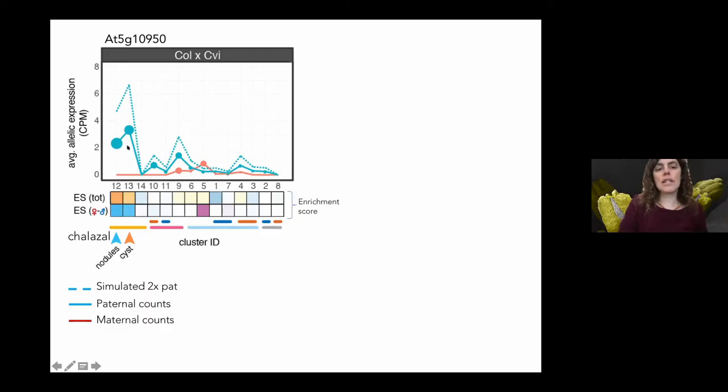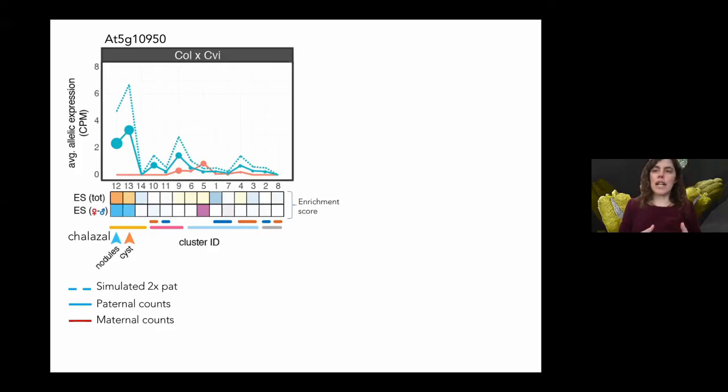So what you can see is that in the nodules and the cyst of the callosal endosperm, this gene is expressed from the paternal allele, no counts from the maternal allele. And here we're looking at, in total, more than 100 nuclei. Whereas in this cluster 5, you get a bump in expression from the maternal allele, lower expression from the paternal allele. So the gene really doesn't look imprinted in this cluster.